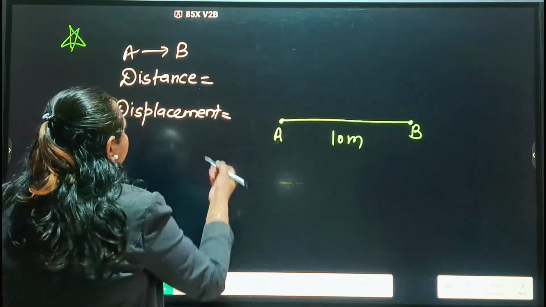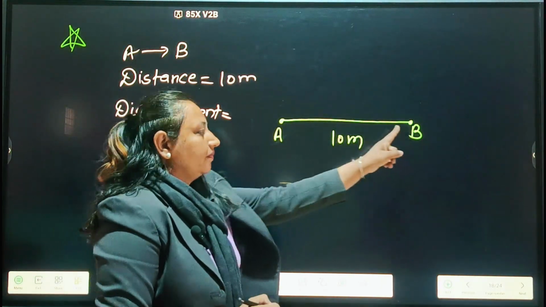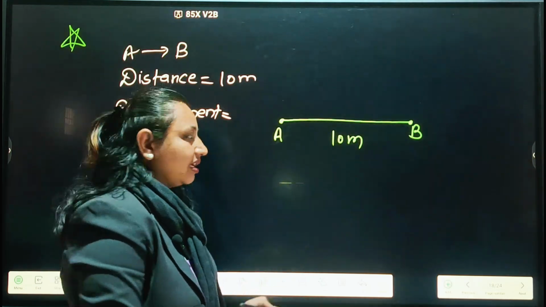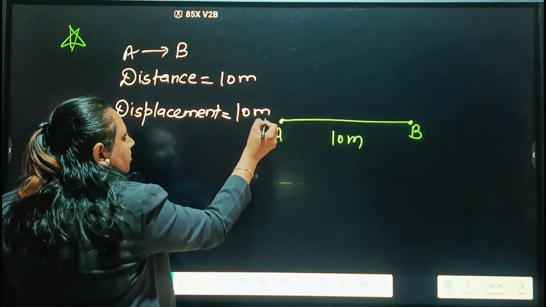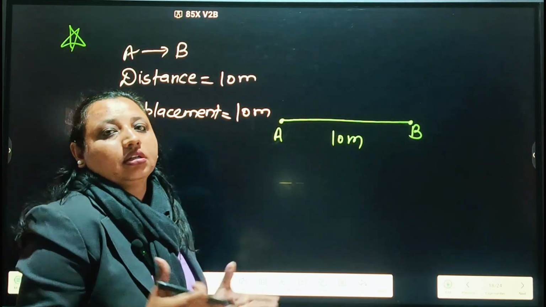Distance in this case is only one value, 10 meter. Displacement, initial to final, same, 10 meter. So in this case distance and displacement are equal.